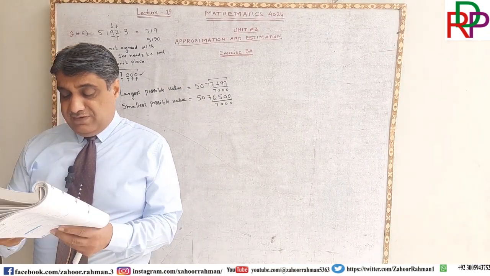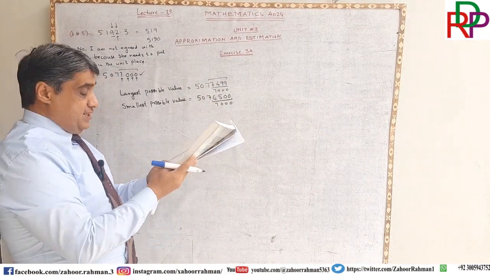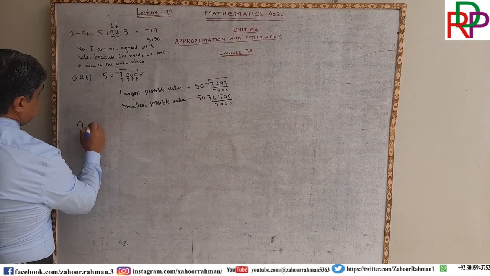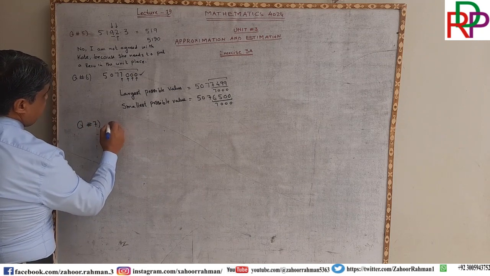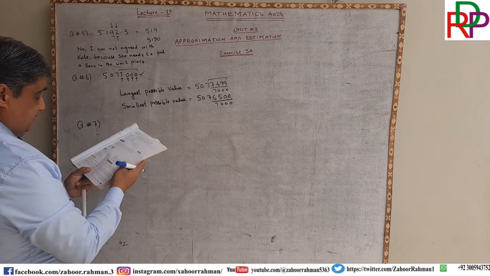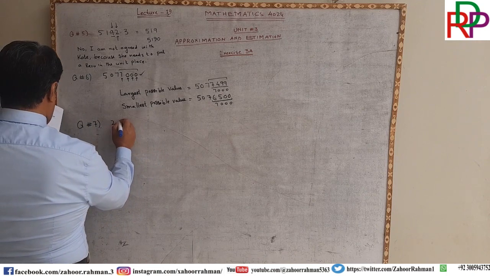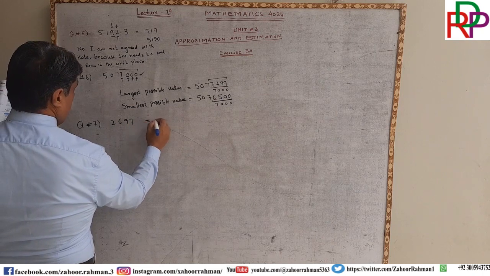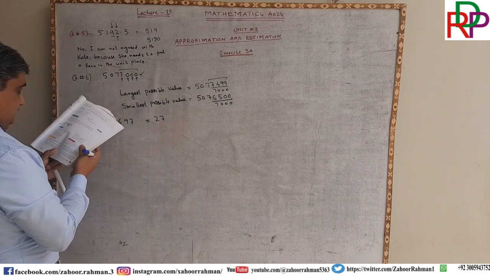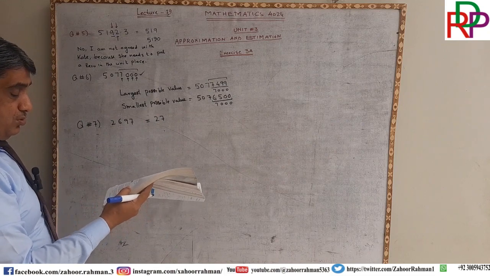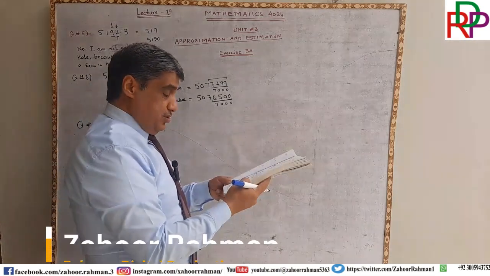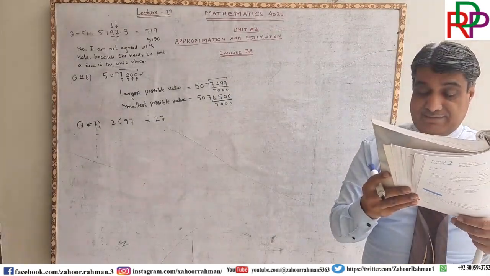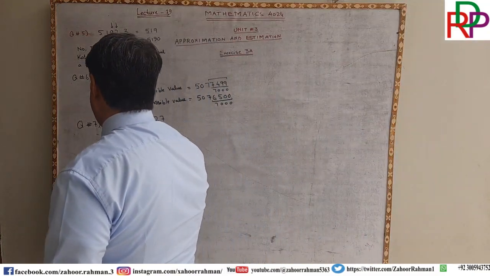Okay, question number 7. Farhan says that 26.97 is equal to 27 when rounded off to one decimal place.